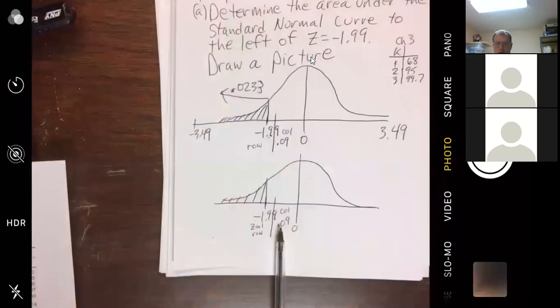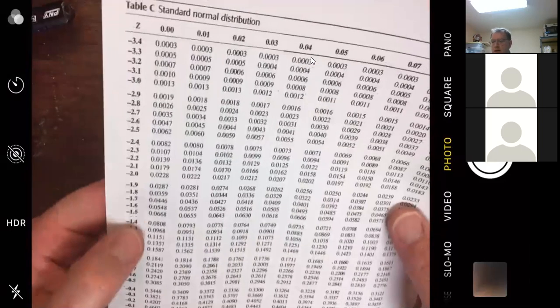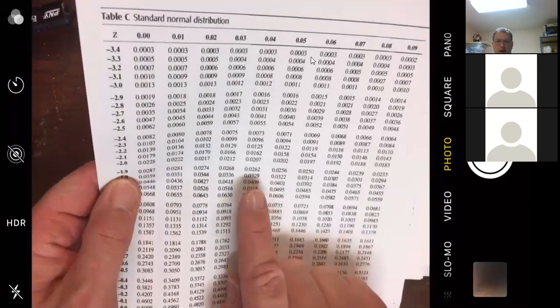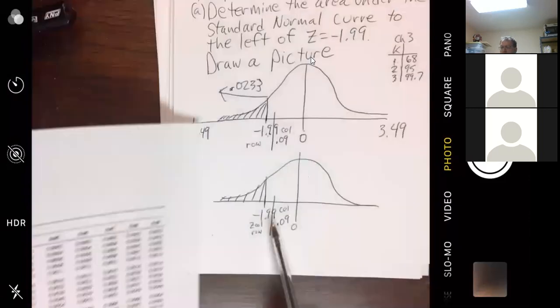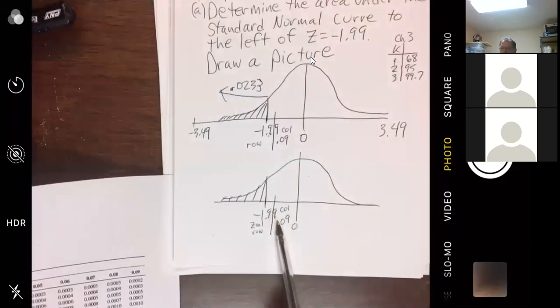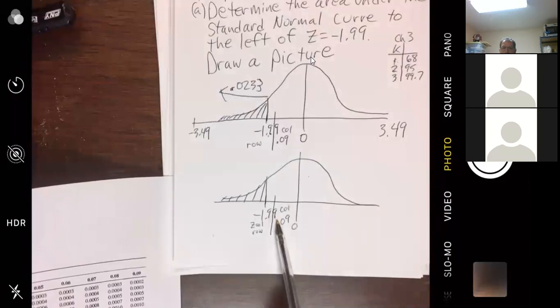Then you follow it to the right, over to whatever column I need. The column I need is determined by that number in the hundredths place, which is 0.09.